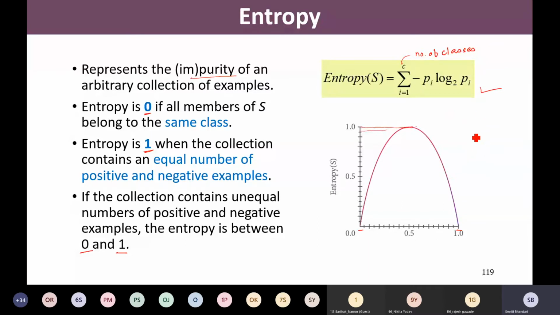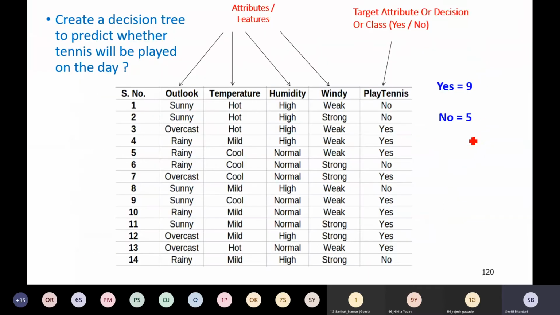Now let us go through an example to demonstrate how to select the decision node. This is our training data set. What we would like to do is create a decision tree to predict whether tennis will be played on the day.